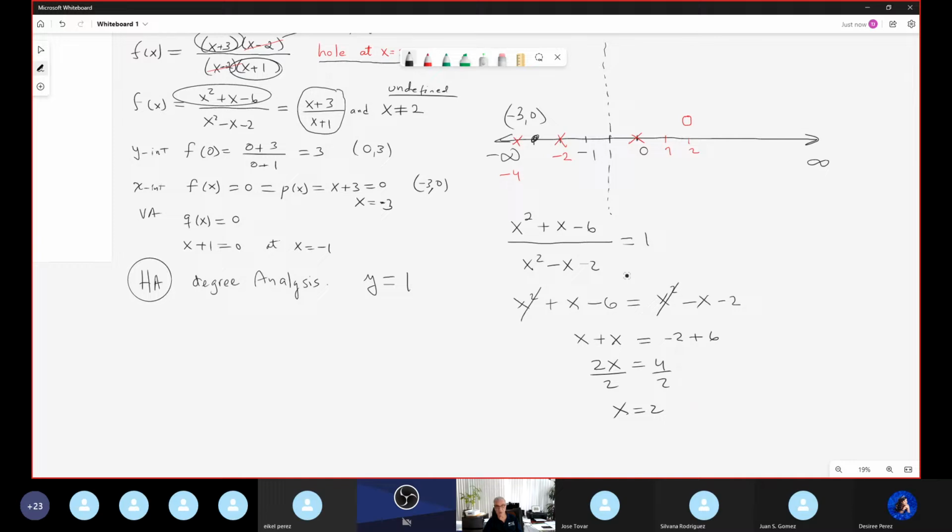I try to do my best, however I get a contradiction, because I know that at x equal to 2 we have a hole. It has no sense. Hypothetically, maybe the horizontal y equal 1 passes through that point, but actually in the original, no.